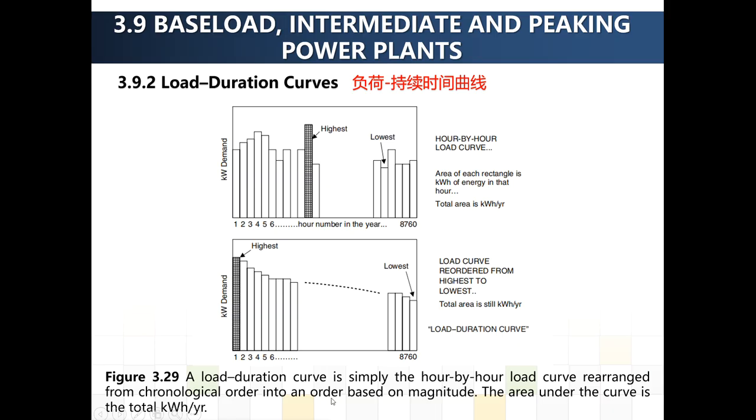A load duration curve is simply the hour-by-hour load curve rearranged from chronological order into an order based on magnitude. And the area under the curve is the total energy in kilowatt hours generated.